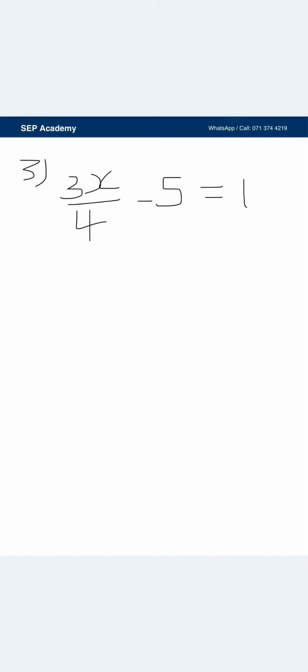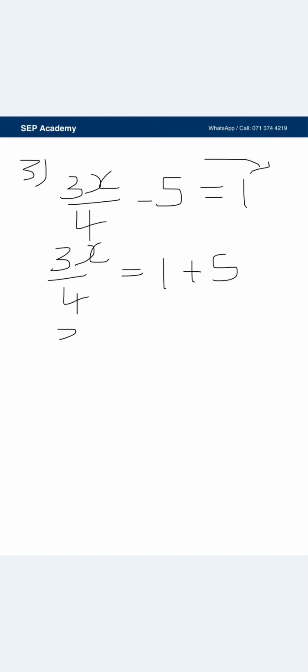So it is for this reason why I will still write 3x over 4 on this side, and then on the right hand side I have 1. I will take this to the other side, it will change the sign, it becomes plus 5. And then you remember that this is still the same as that, and this plus that, definitely that is 6.